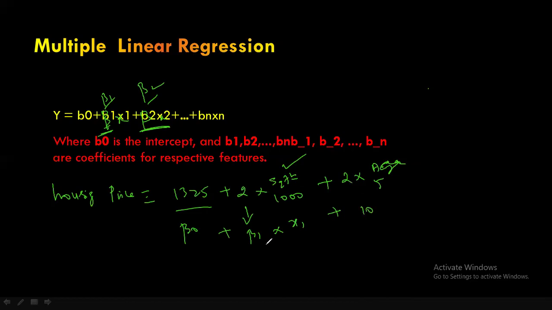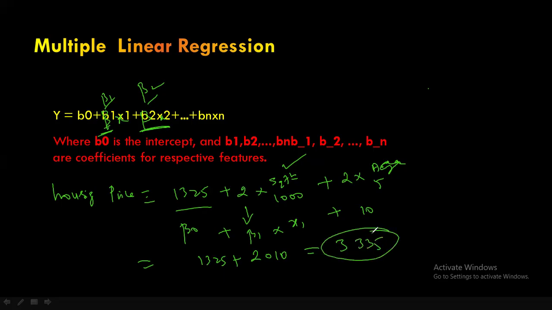And here beta 1 is 2, and x1 is square feet 1000. 2 into 5 is 10. If you solve this equation, 1325 plus 2000 plus 10, 2010, which is nothing but 3335.